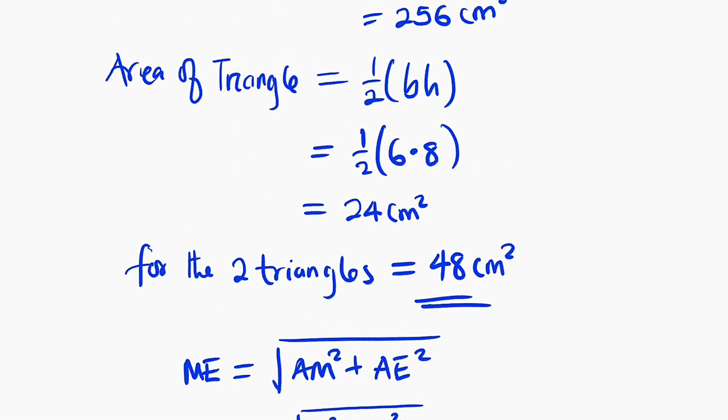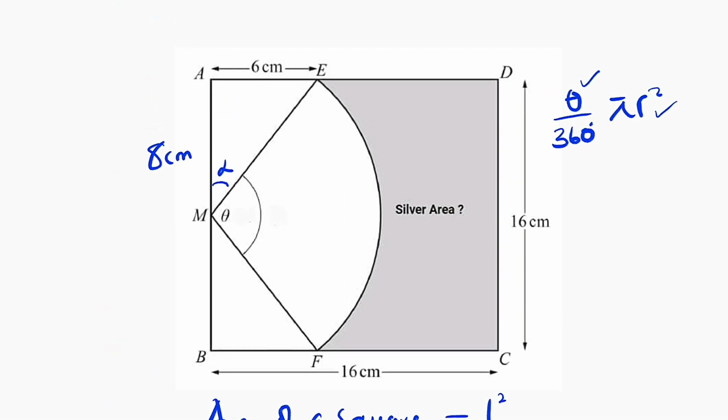Next, let us find the angle subtended. One thing you should remember is that the angle on a straight line is 180 degrees. If you take away these two angles from 180 degrees, you obtain this required angle theta. So let us find this angle alpha by applying the sine ratio. Sine alpha is equal to opposite divided by hypotenuse, and this hypotenuse is 10 centimeters.